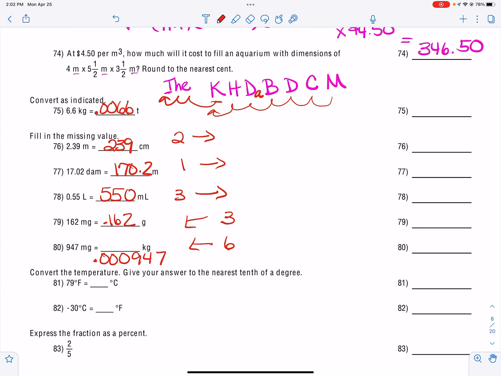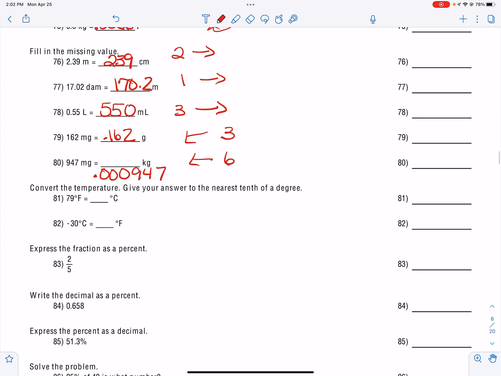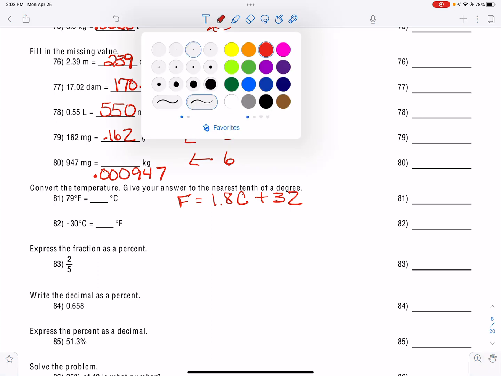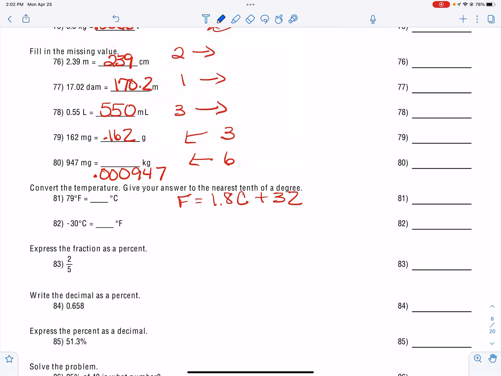Now the temperature formula you guys have to remember is that the Fahrenheit temperature is 1.8 times Celsius plus 32. So when I'm given Celsius, I am going to use that formula.